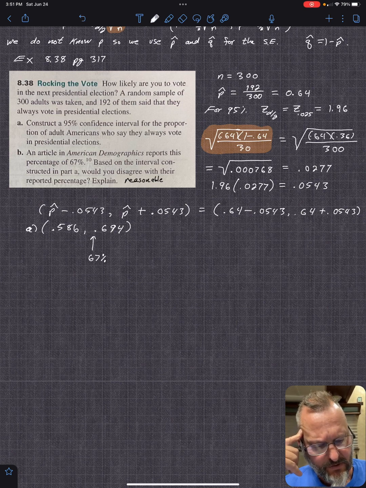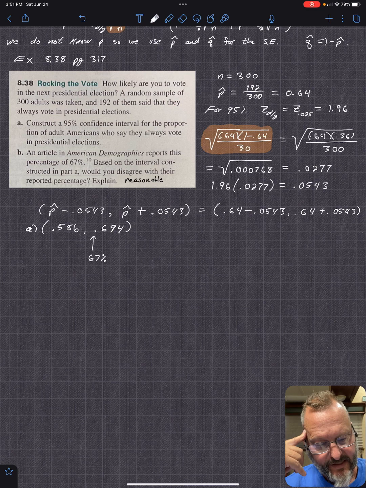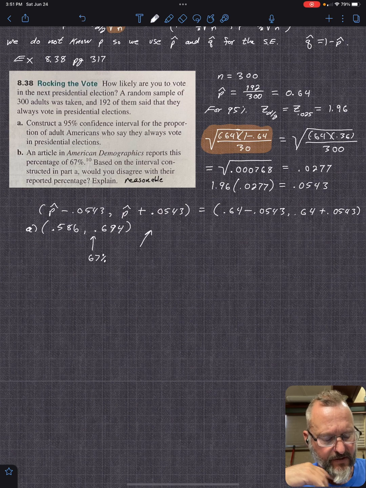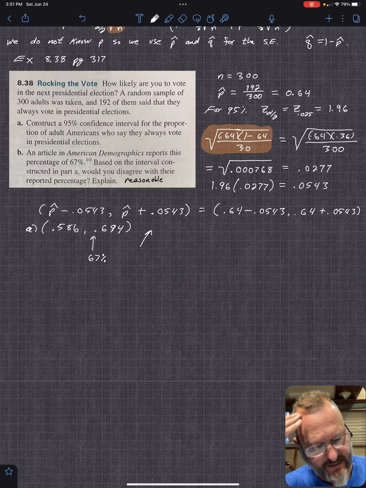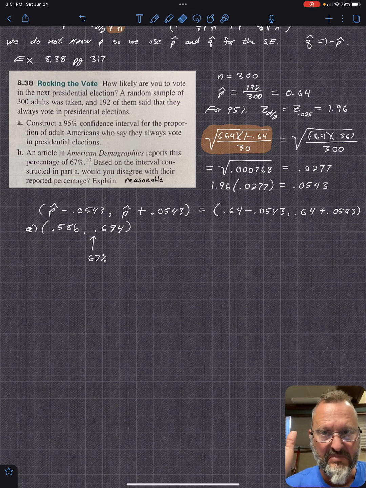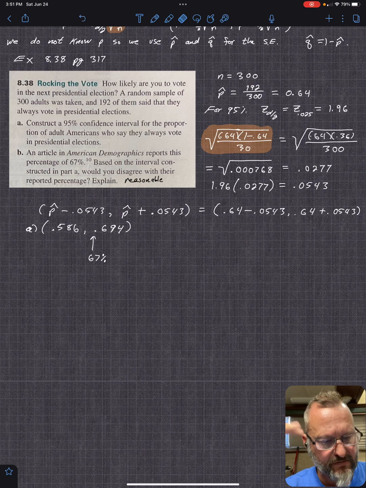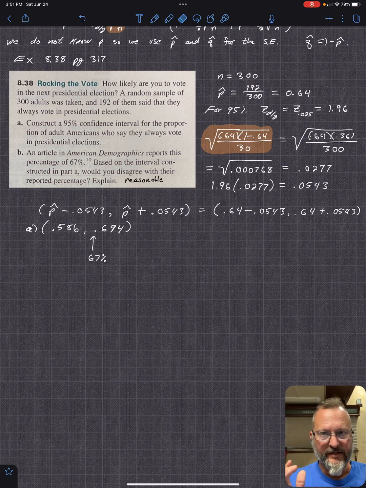That was your sample, but 67 is in that interval as well. If they said 75%, then you'd say no, that's way out here. So 67% is reasonable, and I would agree with what they said. It's maybe a little high, but it's still reasonable, because you are 95% confident it will be inside that interval.